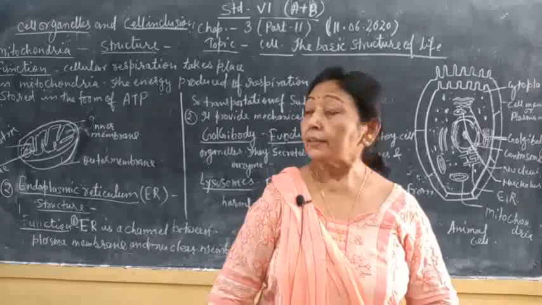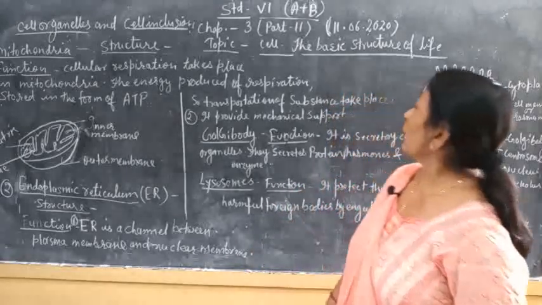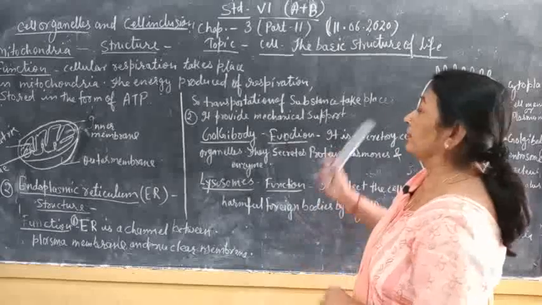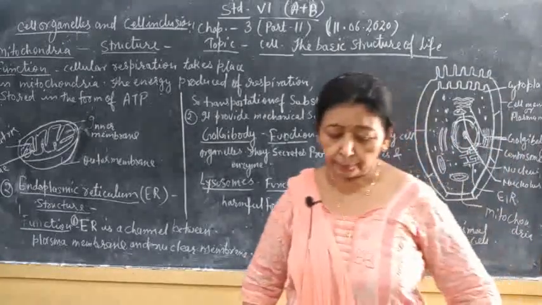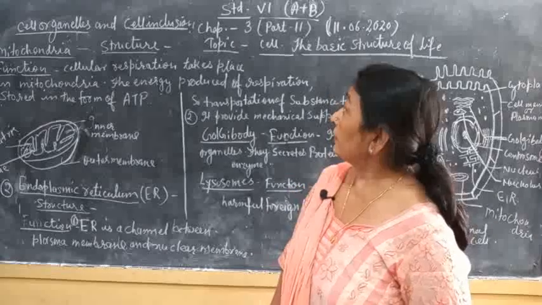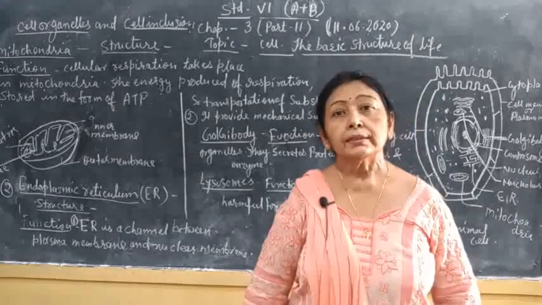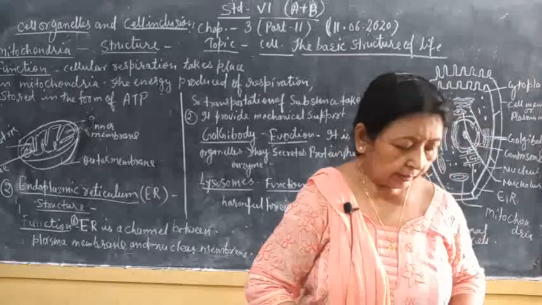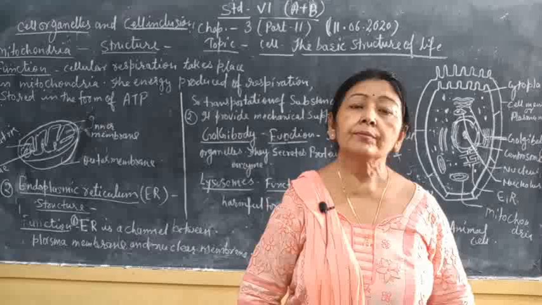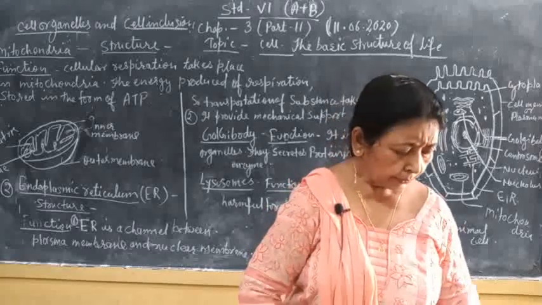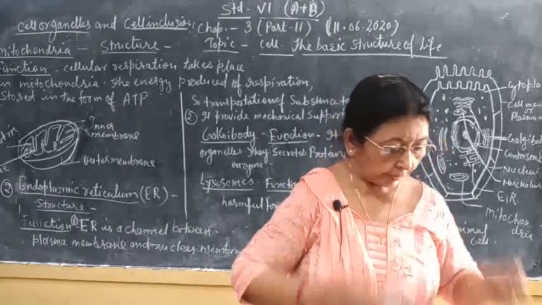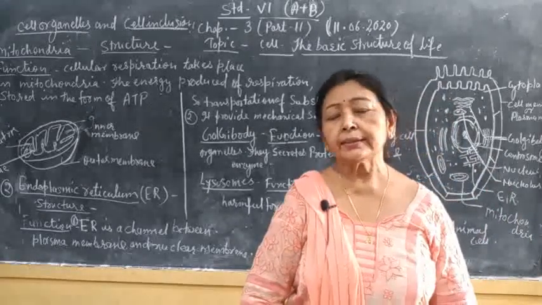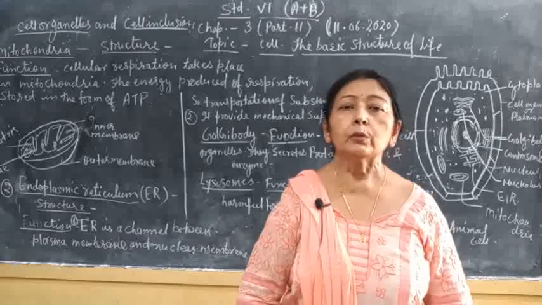Today we start the remaining part of chapter 3, Cell, the basic structure of life. In the previous class, you studied about the basic structure of plant cells and animal cells. I remind you, except for a few differences, plant cells and animal cells are quite similar.